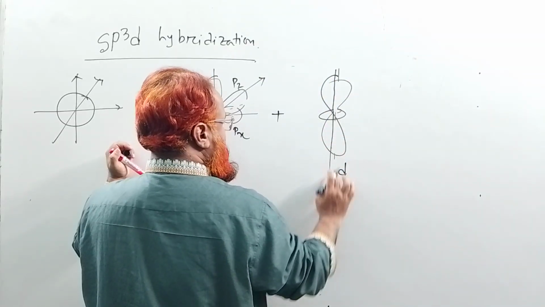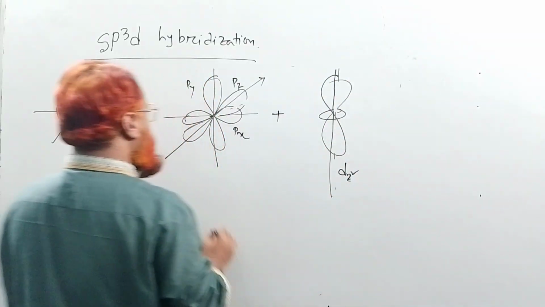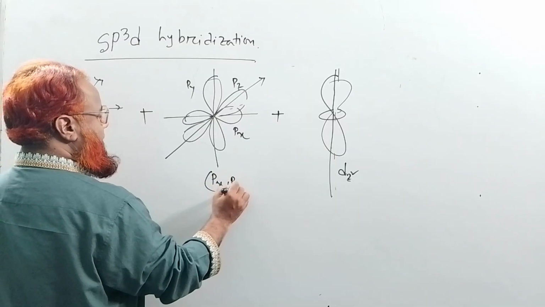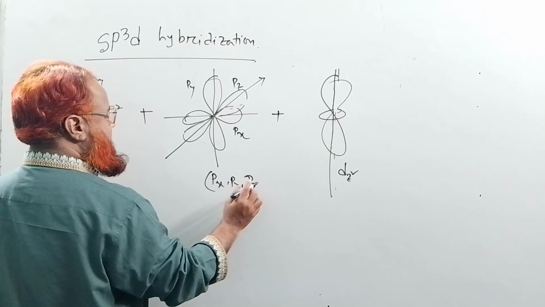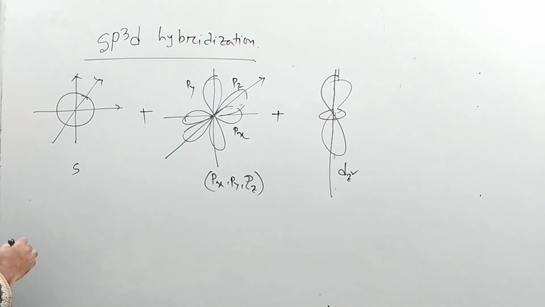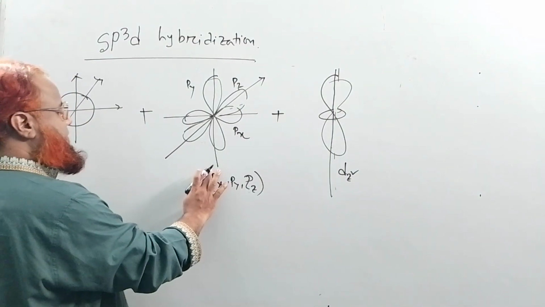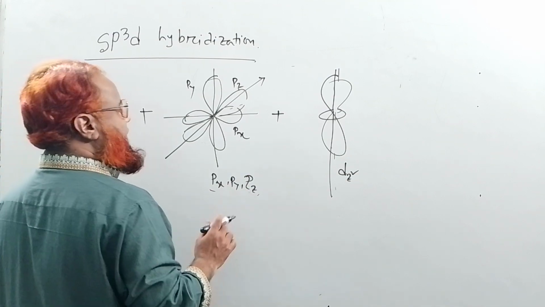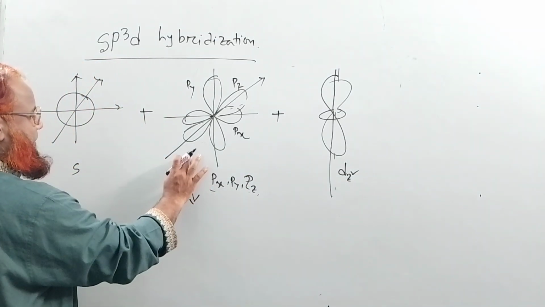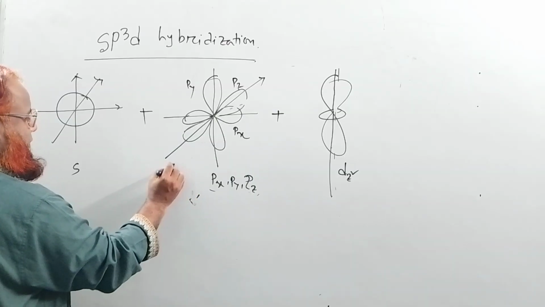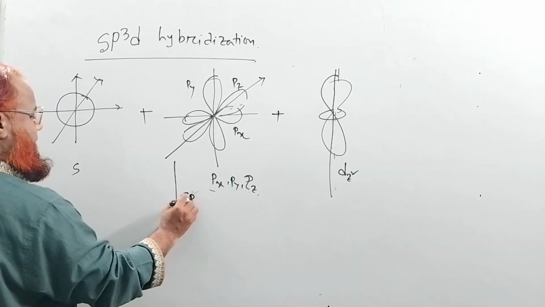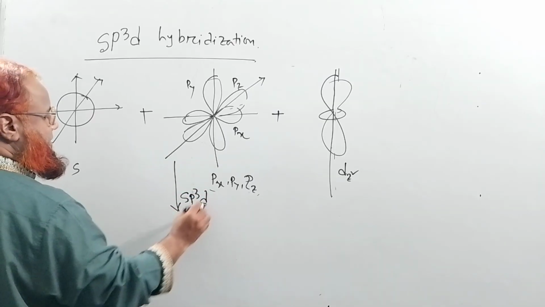So here px, py and pz, and here is s. Now these 5 orbitals will intermix together to produce 5 hybrid orbitals.